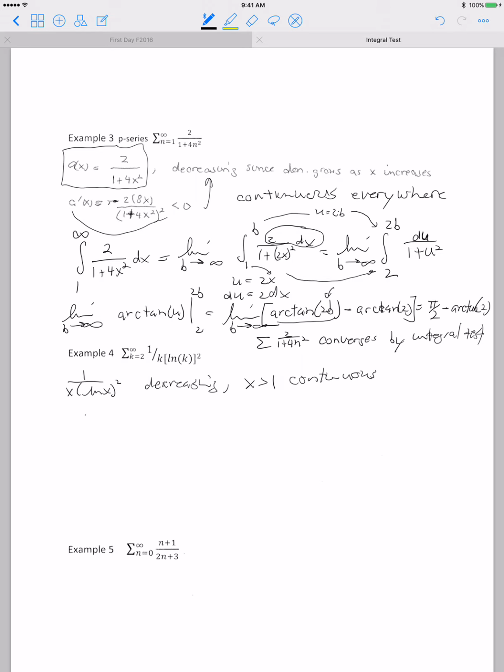Let's see. We need to integrate. One thing is a little bit different here, that the index starts at 2. So we're going to start our integral at 2 and integrate from 2 to infinity, 1 over x, natural log of x squared.